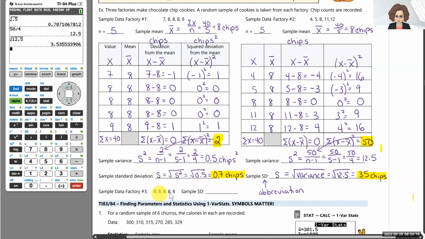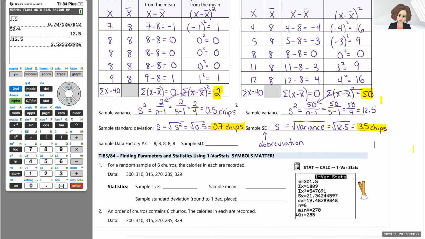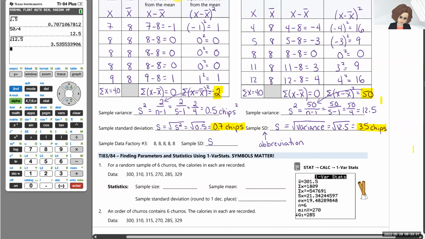So every single cookie here would be an average cookie. So when all data values are the same, then the standard deviation of that data set, in this case, a sample, so S, there is no deviation. So our standard deviation would be 0.